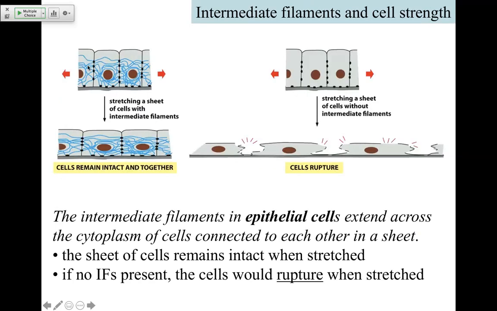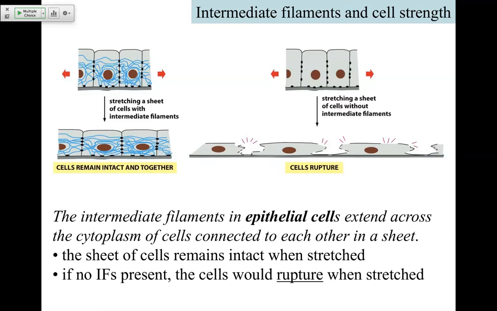Well, in epithelial cells, and remember what epithelial cells are, they assemble in a sheet. So an epithelium is a sheet of cells that are attached to each other, and the sheet of cells functions like the epithelium that lines the outer surface of our body, the inner lining of all of our organs. All of the cells have to act together as a sheet. Those cells will have keratin, the type of intermediate filament that will be expressed and will assemble within the cytoplasm of those cells.